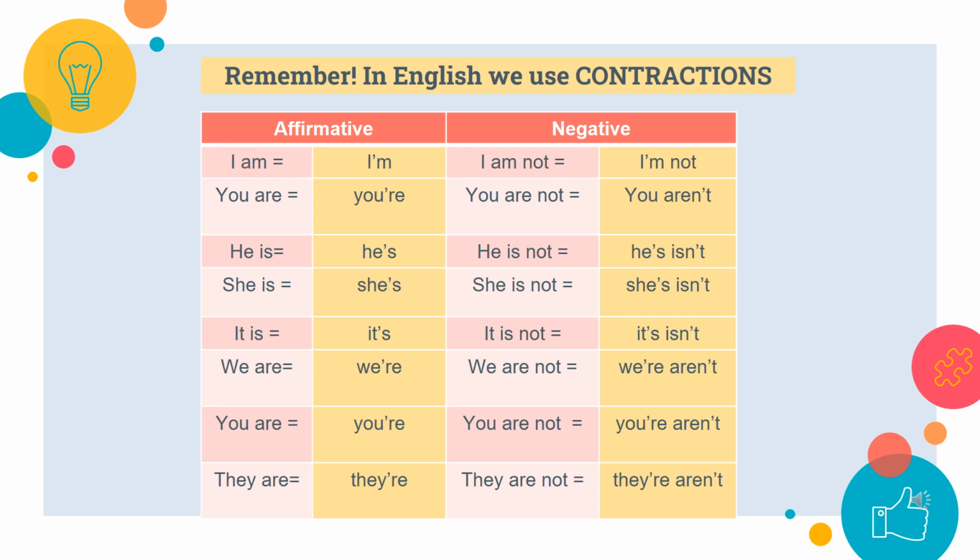So we make our phrases and words shorter. Then for you are it is you're, he's, she's, it's, we're, you're, and they're. And for the negative it is the same: I'm not, you aren't, he isn't, she isn't, it isn't, we aren't, you aren't, and they aren't.